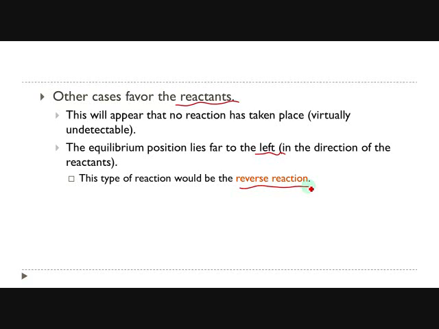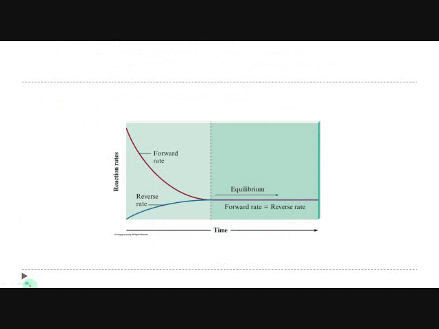So if the reaction we were looking for lies to the left, in Chem 1, we should have put the products together instead of the reactants, and then we might have actually seen some change. But in Chem 1, that's like over your head, so we don't do that. We just say that there's no reaction. But if it favors the reactants, in the lab it might look like nothing happened, but that's because the reactants are favored.